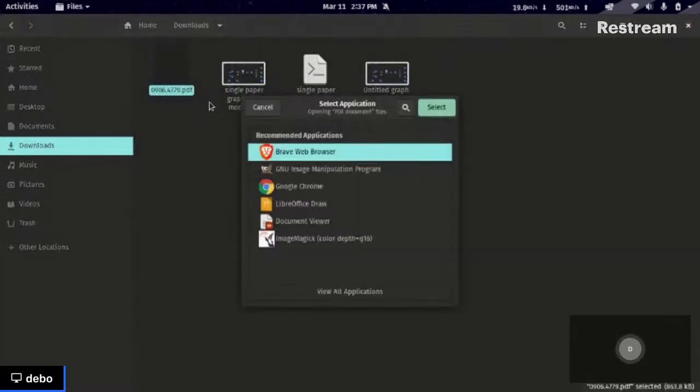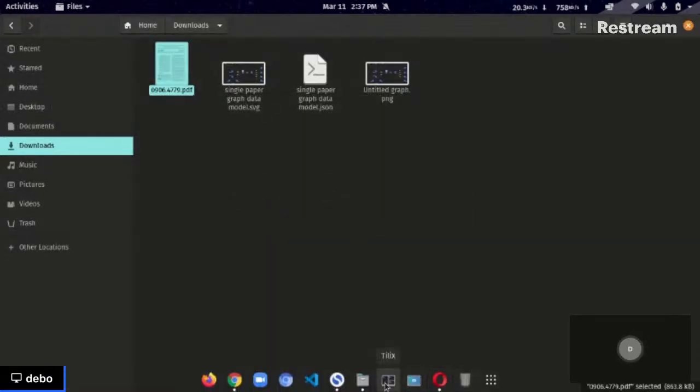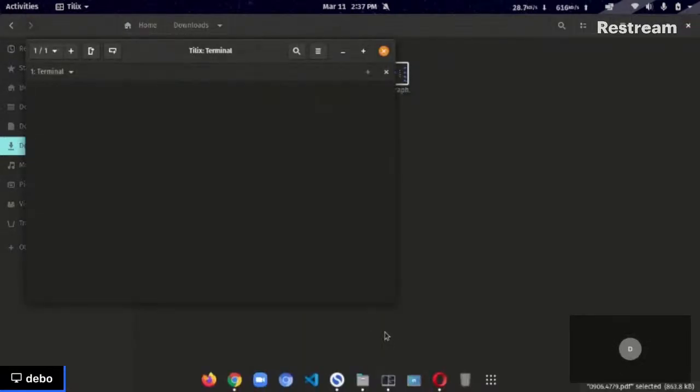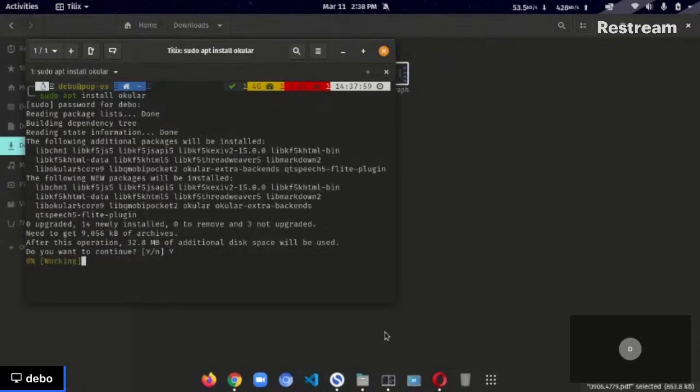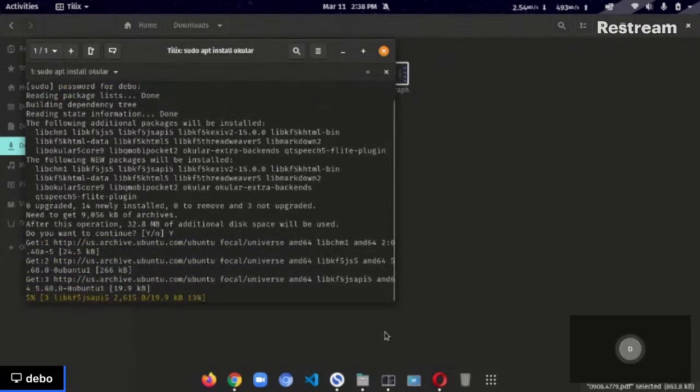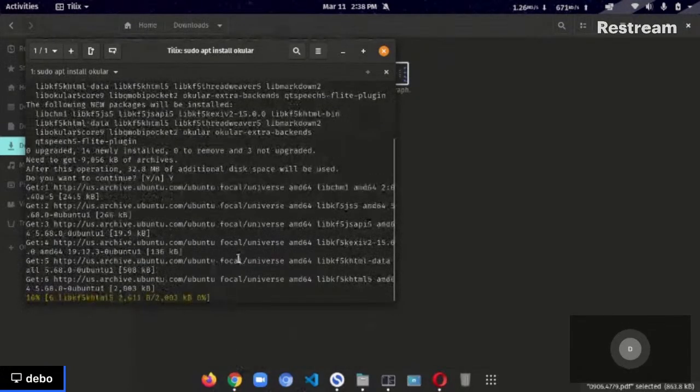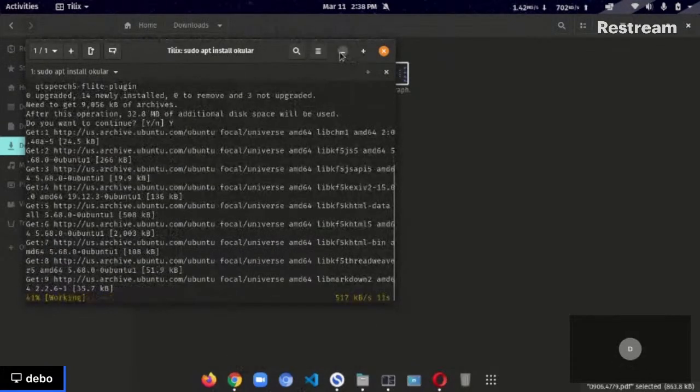Okular, I think I have Okular installed. Okay, I don't have the reader for this installed, so I'm going to install it. Okay, now it's installing.